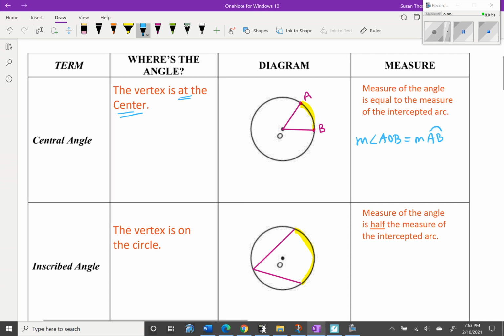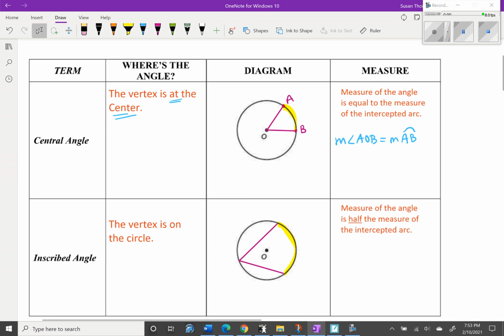And for an inscribed angle, the vertex is on the circle. And so for this one, we label this X, Y, and W. So the measure of the angle is half the measure of the intercepted arc.